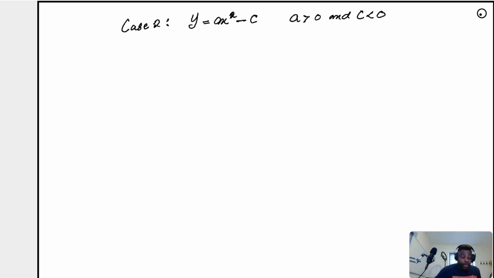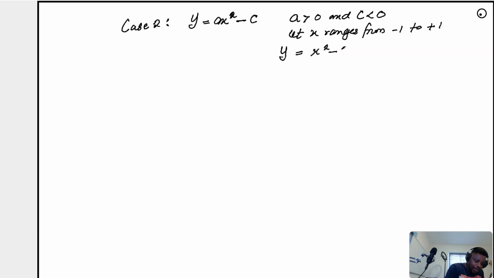So now case 2, y is equal to ax squared minus c. Here a is greater than 0 and c is less than 0. So let x range from -1 to +1. Okay, let's see what is going to happen to a question like this: x squared minus 3.